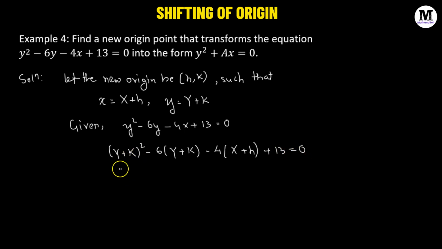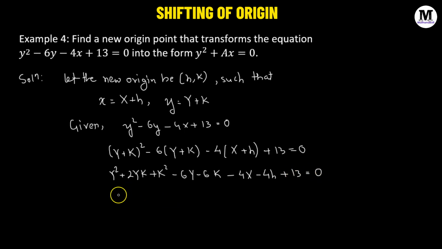Now let's expand y plus k whole square. That's going to give us y squared plus 2 times yk plus k squared. Then we have negative 6 multiplied with y plus k, so we have negative 6y minus 6k. Minus 4 times x plus h, so that's minus 4x minus 4h, plus 13 equals 0.